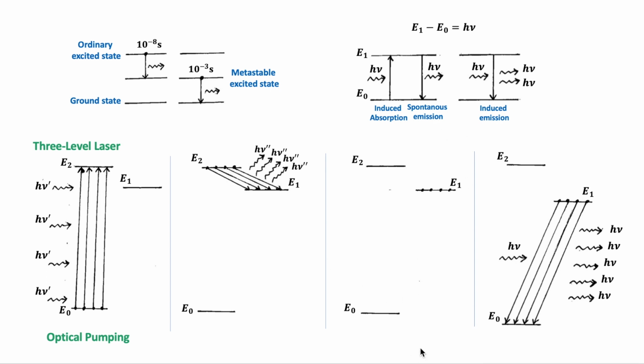So now when a light of photons of energy h mu is incident on this assembly of atoms, there will be induced emissions from the metastable state to the ground state.